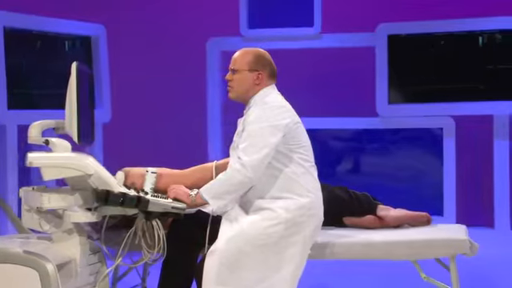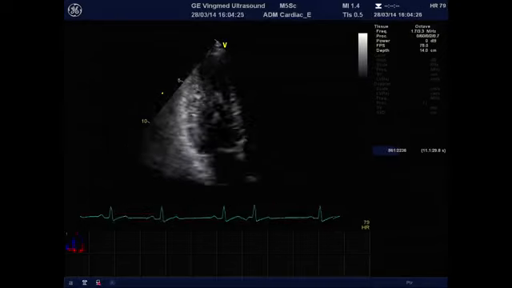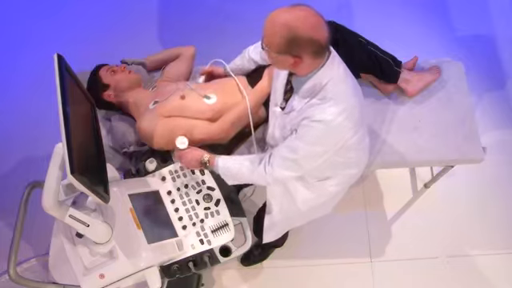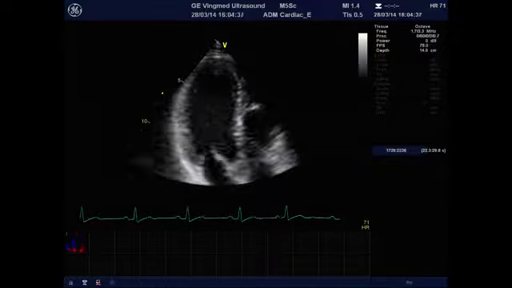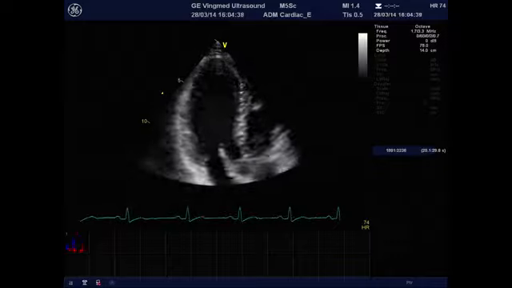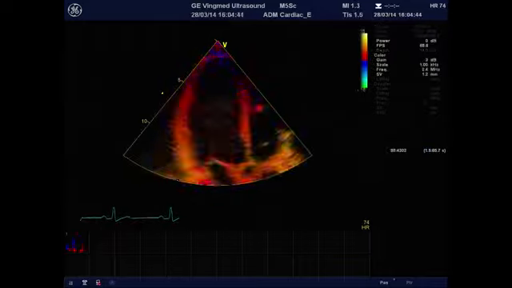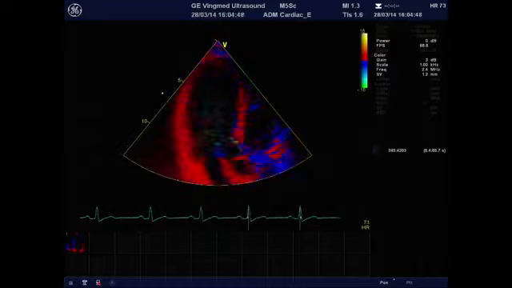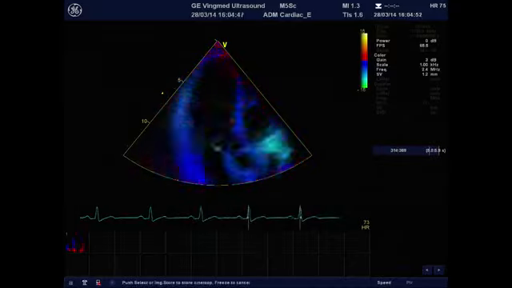Take care that you have a good image quality. Ask the patient to stop breathing. Please stop breathing now. Switch the tissue Doppler on and acquire once you've seen that 3 beats have passed in good quality.